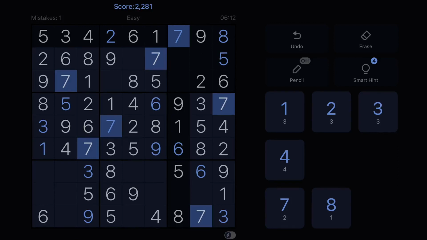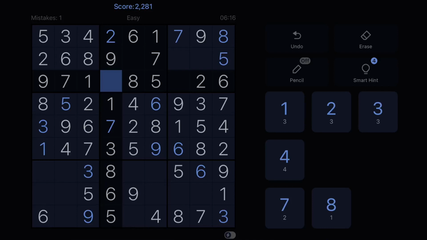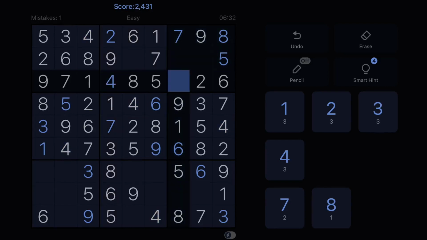Okay, with that, the fourth column, if you look down this way, is missing one number, and that's our 4, it looks like. And that row is missing a number, and that's going to be our 3.